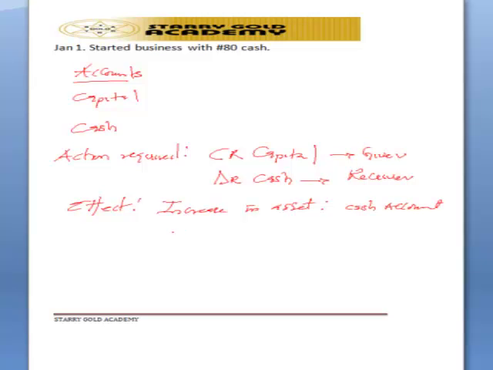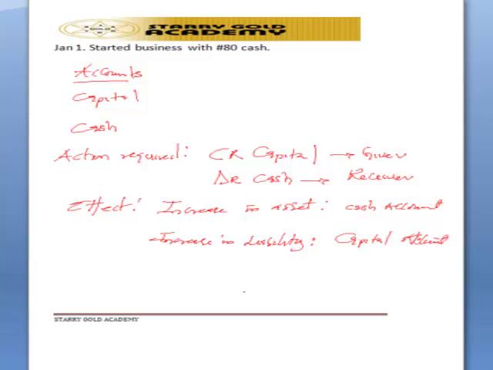And a credit entry in liability. Capital is a liability. So there is an increase in liability, and that liability here is the capital account. So that is the actions to be taken and the effect of this transaction.